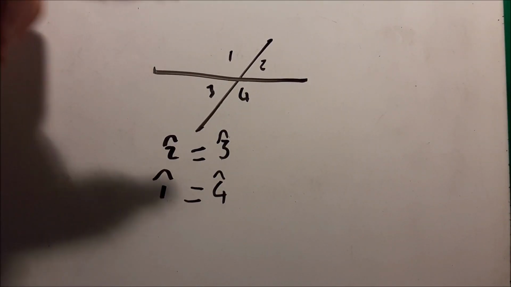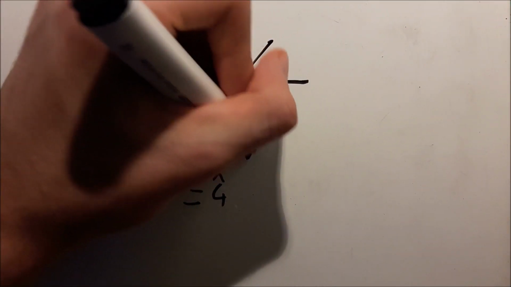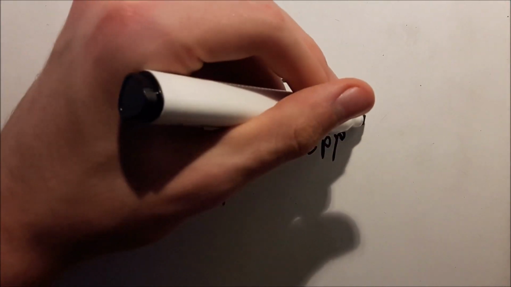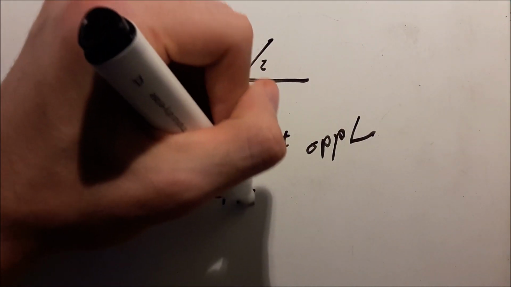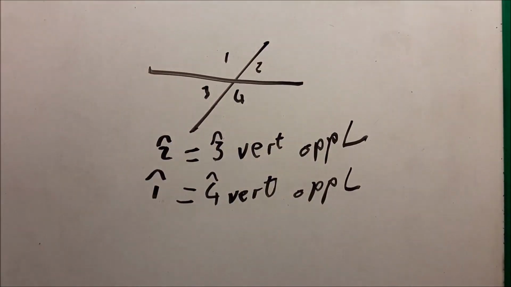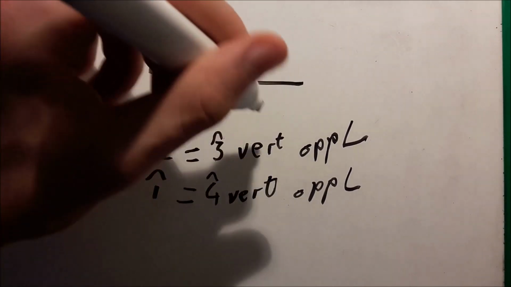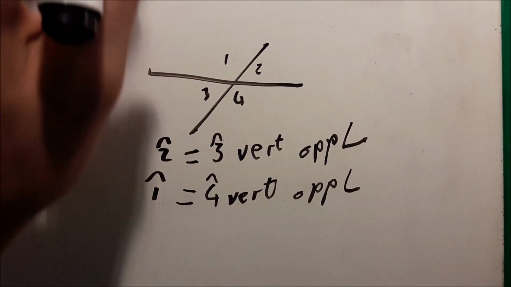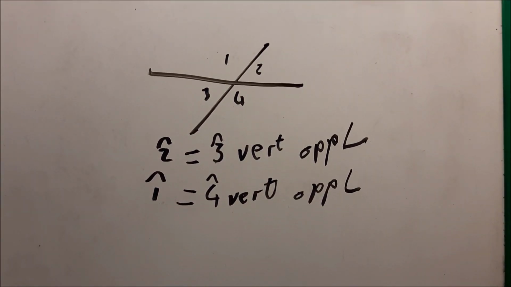The reason is that they are vertically opposite angles. So that's one of the first laws that we know of lines: vertically opposite angles.